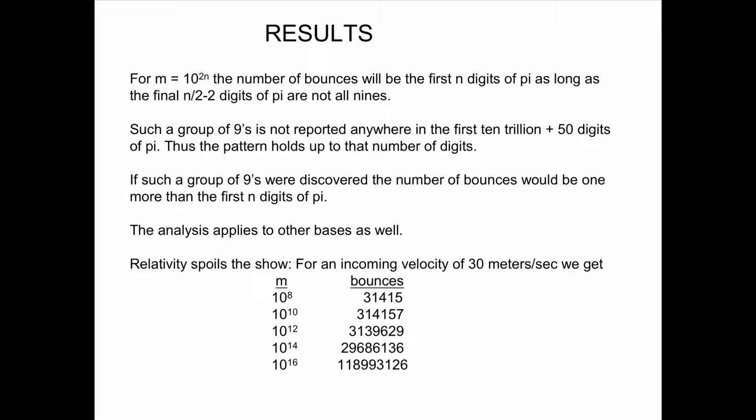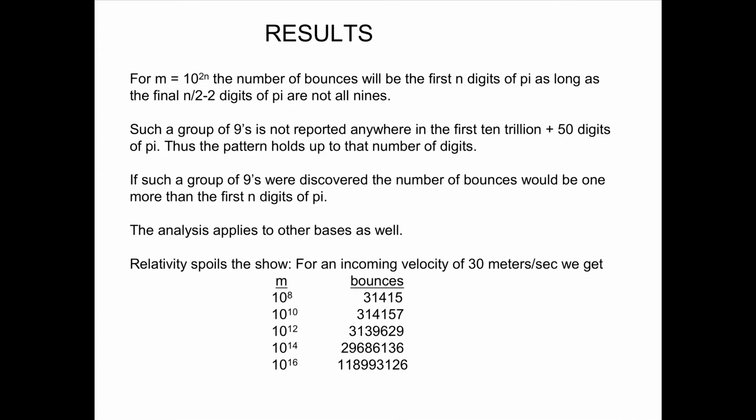So it's all analytic, all idealized Newtonian physics. When you do that, you've reached the following conclusion. If the mass ratio is 10 to the 2n, then you're going to reproduce the n digits of pi, if the last half of those digits are not 9s, nearly half.